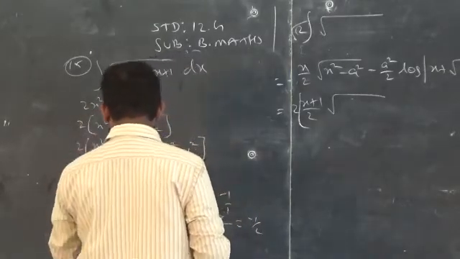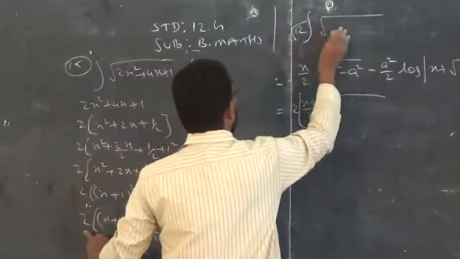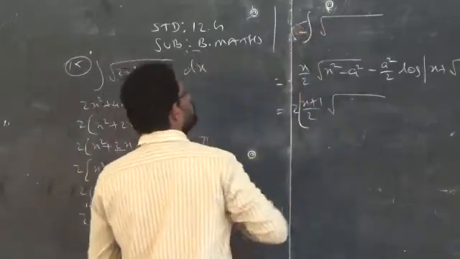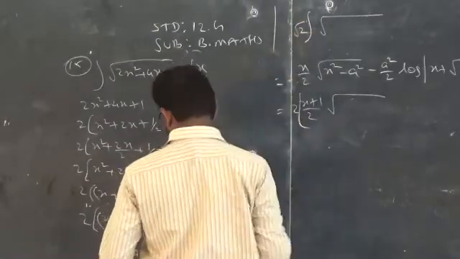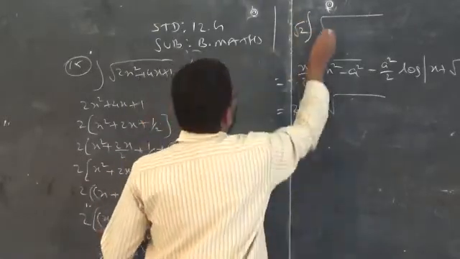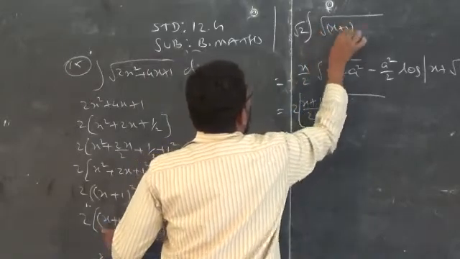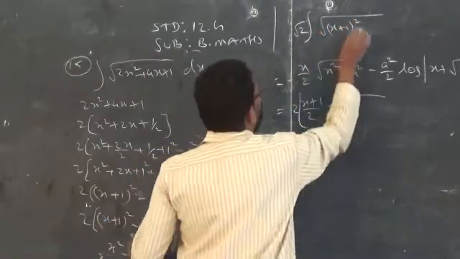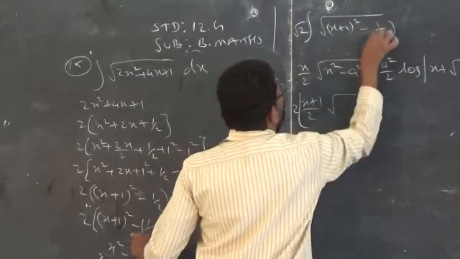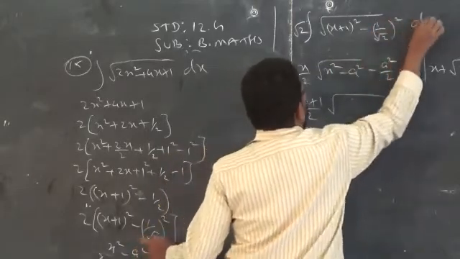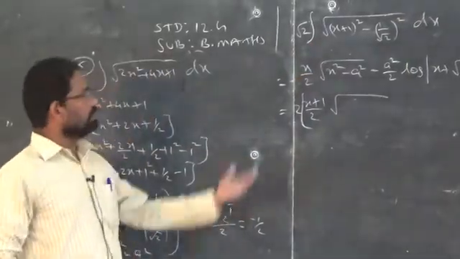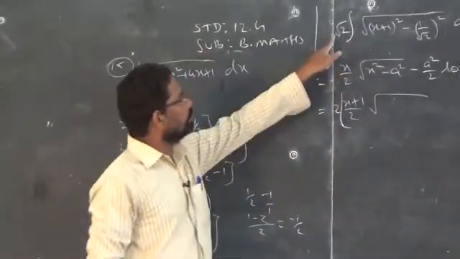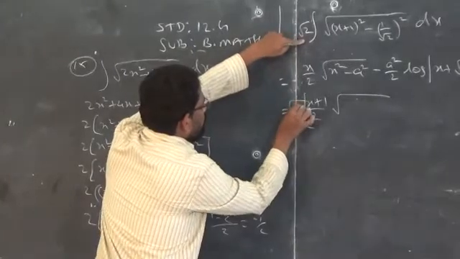So 2 should also be inside the square root, but when I am taking 2 outside, then what will be there? Root 2. Be careful. Root 2 times square root of x plus 1 the whole square minus 1 by root 2 the whole square into dx. Clear? So after that you know what is x and what is a. Just substitute. Root 2, therefore it will become square root 2.